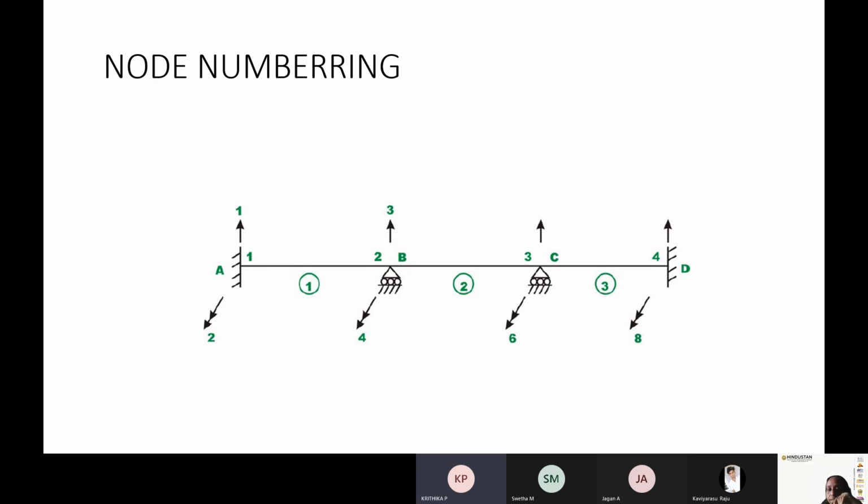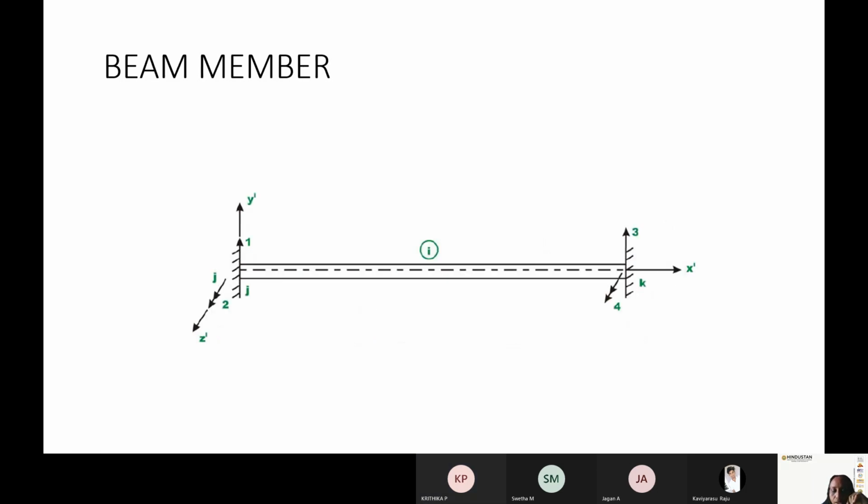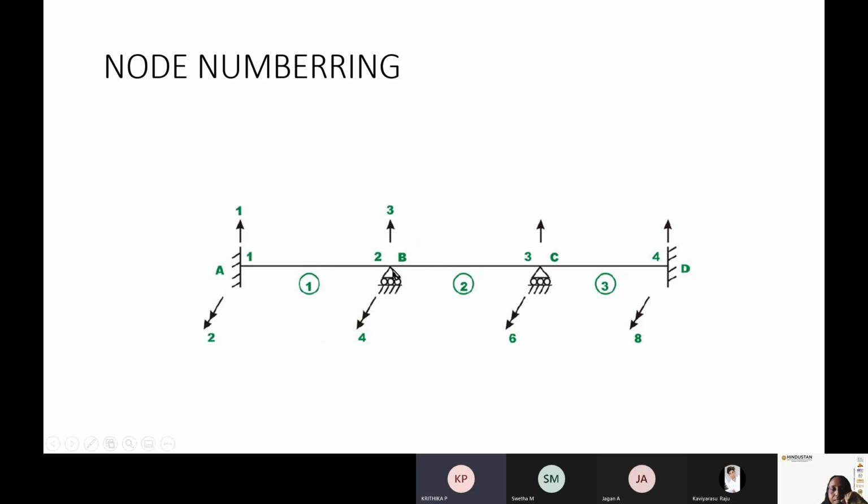Yes, ma'am. That's what I'm asking. This particular beam has got 2 degrees of freedom. Degree of freedom means it is free. So what are the degrees of freedom? This joint 2 can rotate. Am I correct? Yes, ma'am. This joint 3 can rotate.